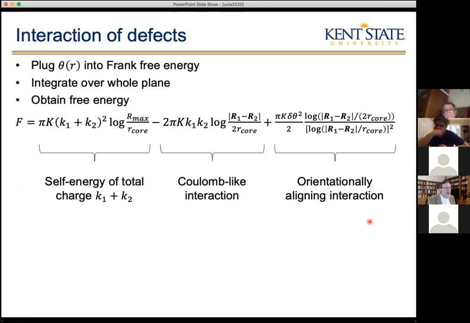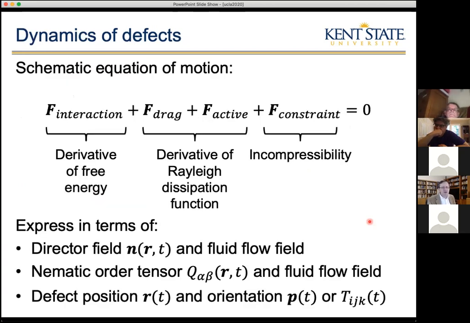So then we could ask, how does that affect the motion of the defects? There's a classical theory for the dynamics of liquid crystals, Leslie-Ericksen theory, which goes back many years, and there are more recent variations that have to do with the Q tensor field instead of the director field.